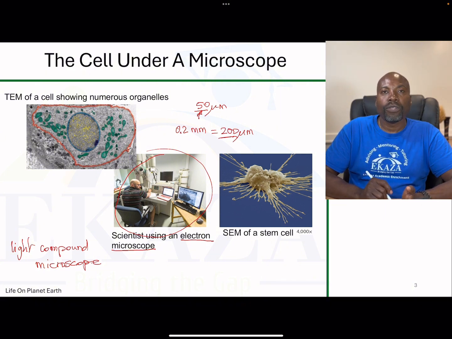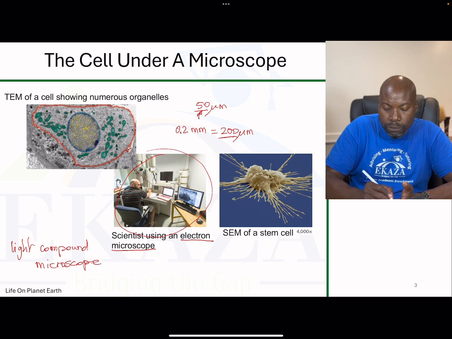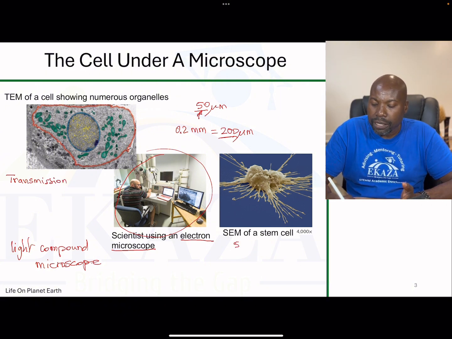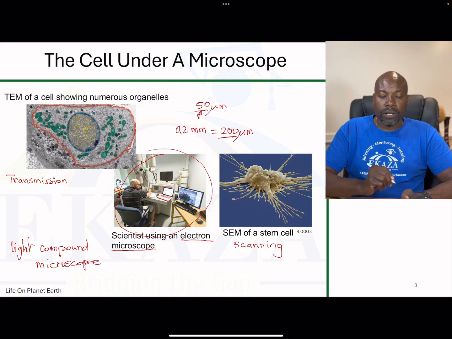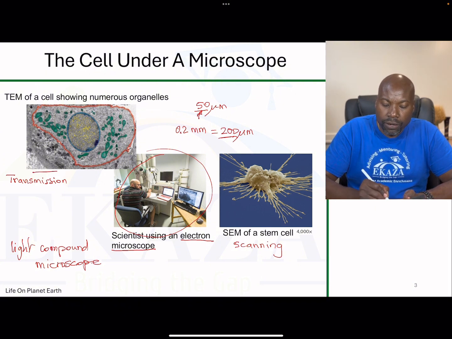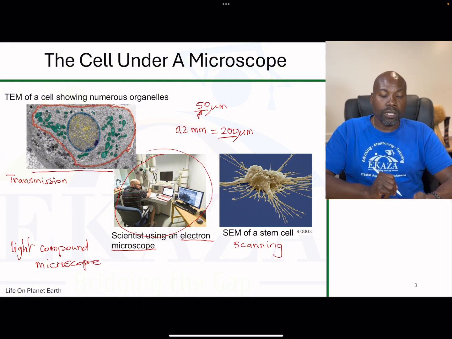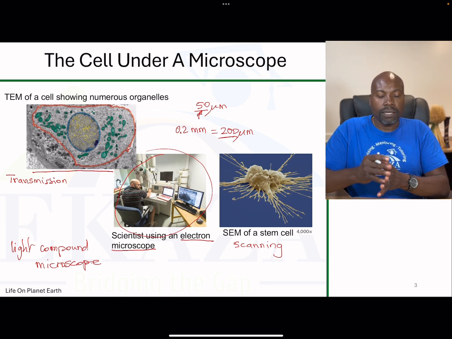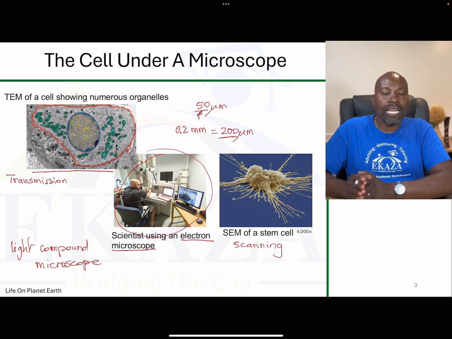We have the transmission electron microscope, and we have the scanning electron microscope. The micrograph that you see here on the upper left corner was taken with a transmission electron microscope.